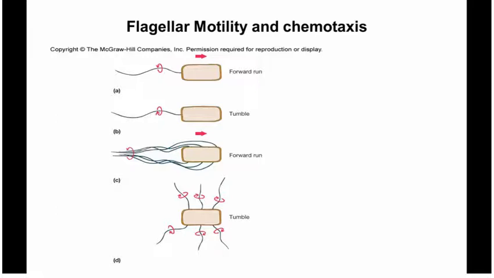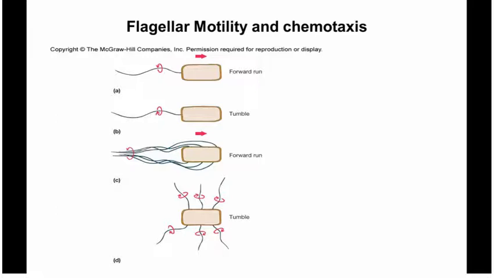So imagine you've got a bacterium floating around here with its flagellum. And let's imagine that it's rotating in an anti-clockwise direction. So the motion is going to be forward. It's going to shoot off over here somewhere. So in fact, it's going to go down the concentration gradient.